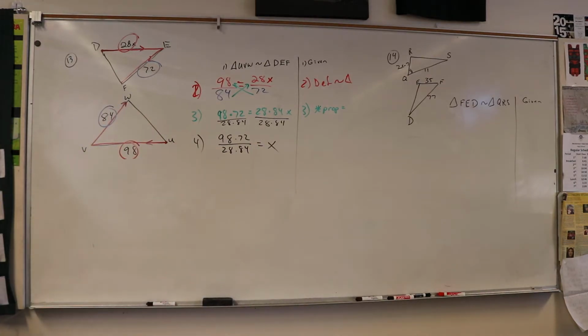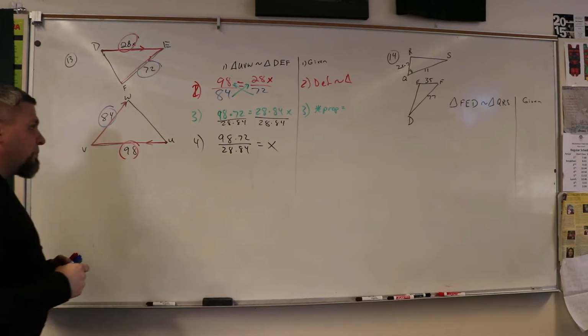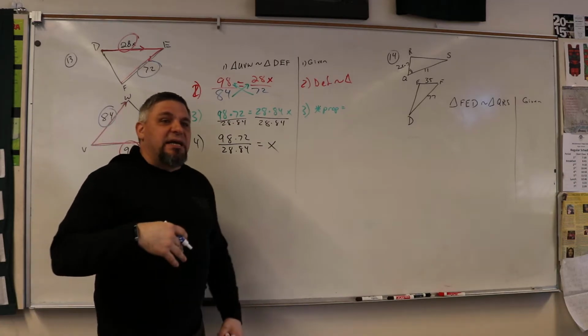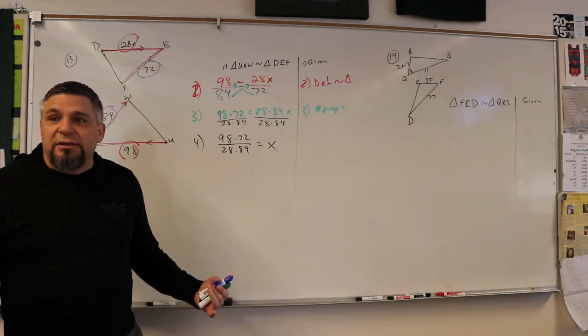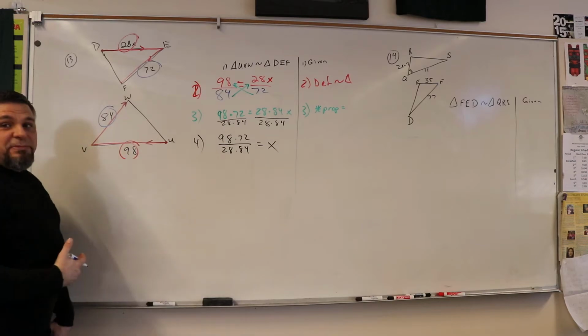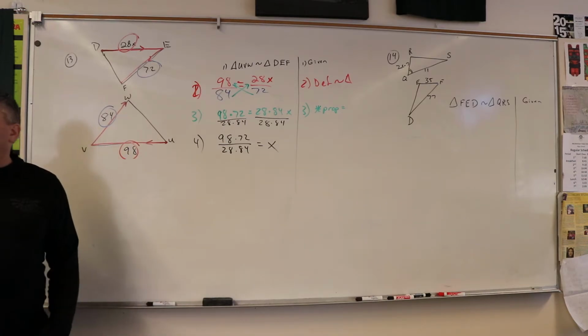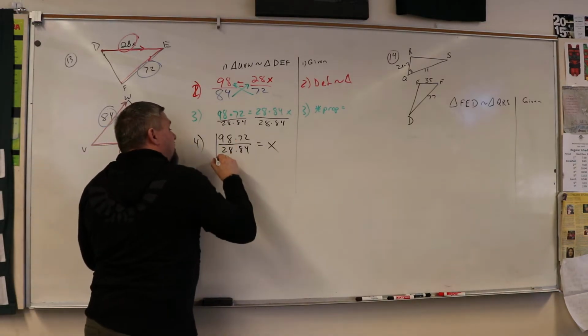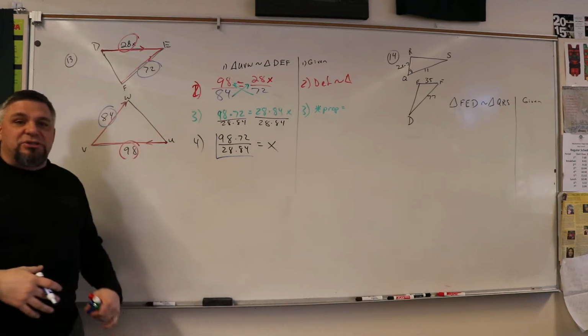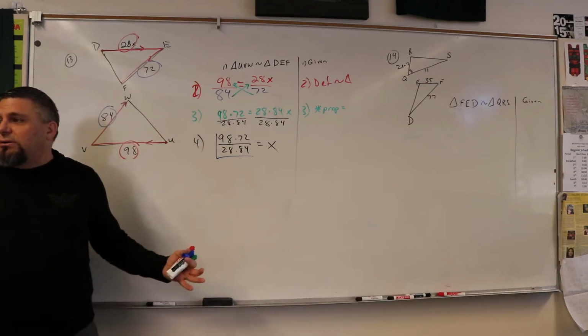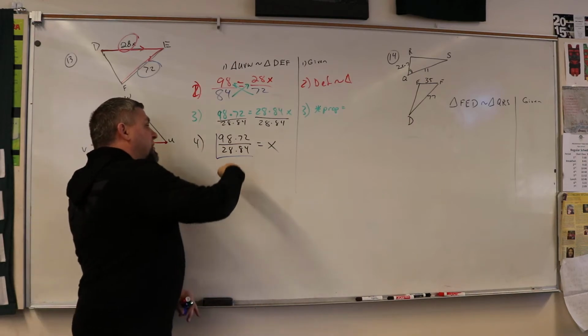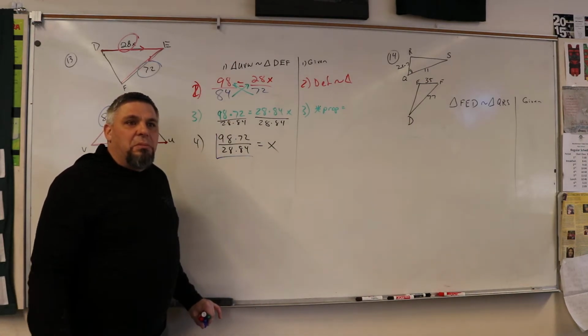And you can plug that in your calculator, right? Or you could just do the math. 98 times 72. Sometimes on the state test, they're not going to let you use a calculator, right? So you're going to have to do this math. And by doing this upside down division, it can really help you out. And you don't have to start out with big numbers if you don't know them, right? I mean, what goes into 98 and 28?